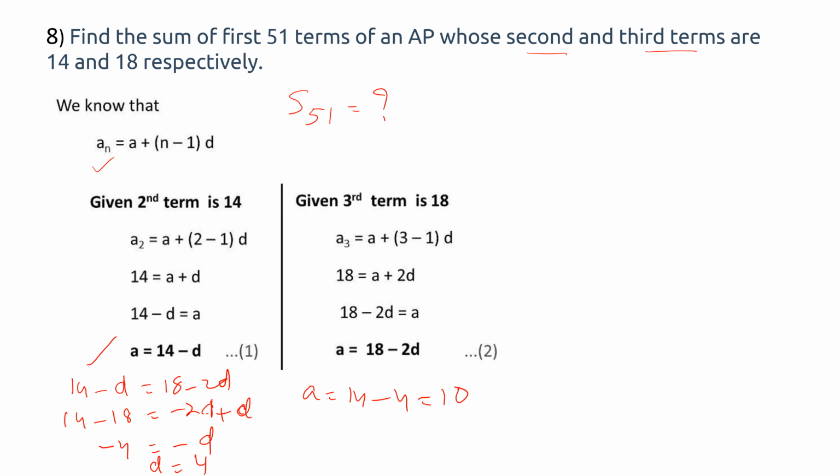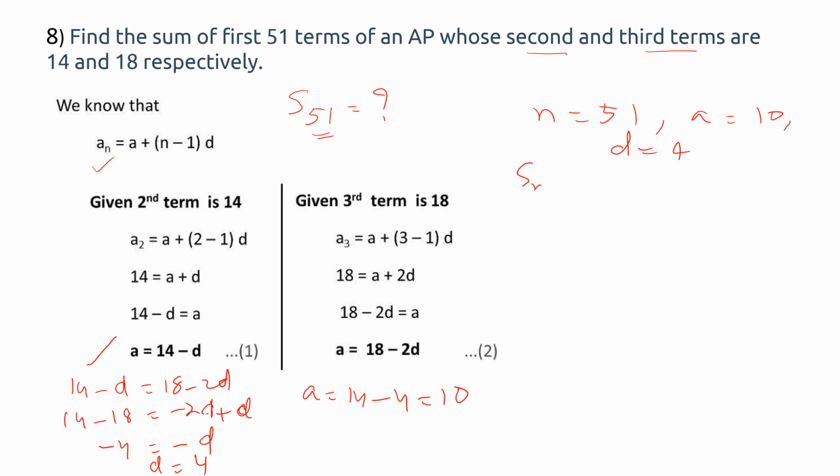Now to find out the sum of 51 terms, we know what is A and D, and also the number of terms is 51. So n equal to 51, A equal to 10, and D equal to 4.